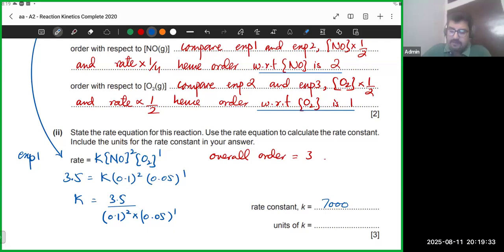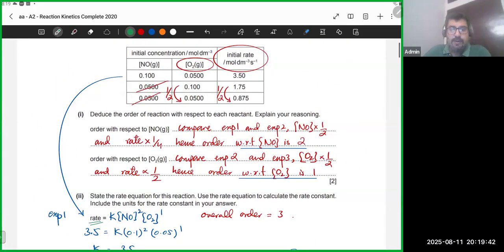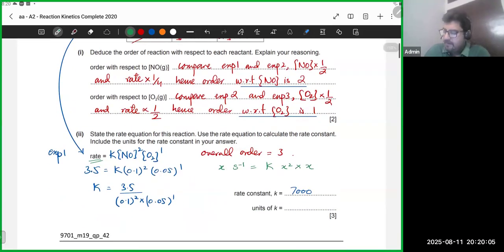He's asking you to figure out what the unit is. That's just homogeneous equations, just physics. You take the units given over here. Rate is given as mole per dm cube per second. To simplify, I'm going to take mole per dm cube as x. So rate is x per second, equal to k times NO concentration, x squared, times O2 concentration, x.